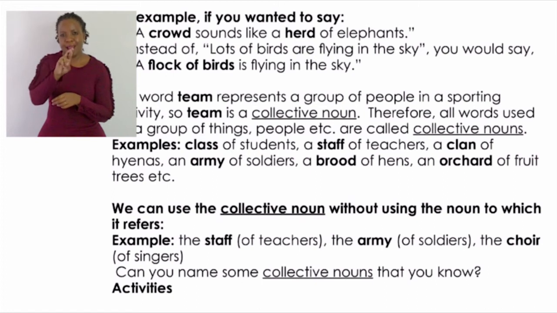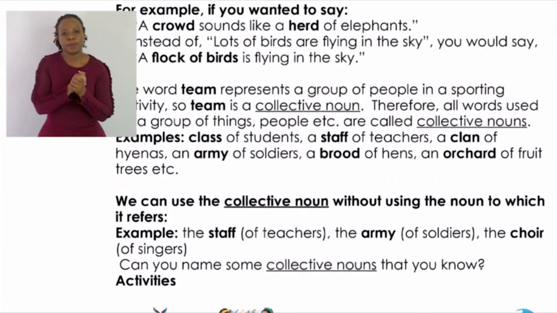So if we simply say the staff, we know we are talking about teachers. If we say the army, we know we are talking about the soldiers. If we say the choir, we know we are talking about a group of singers.